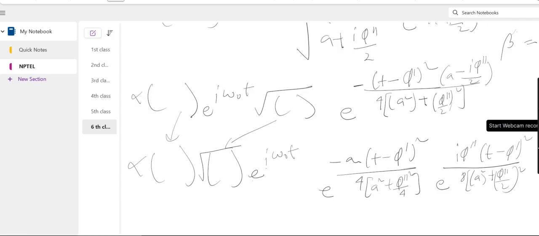So you can see there is an i, this is i. So this part is the phase part, and this is because of the Gaussian pulse.